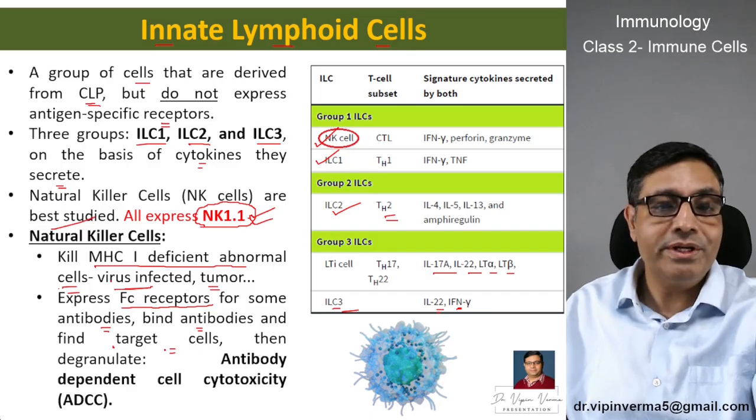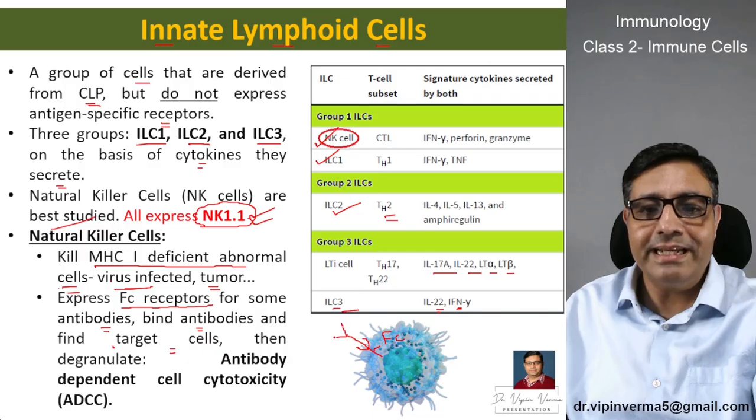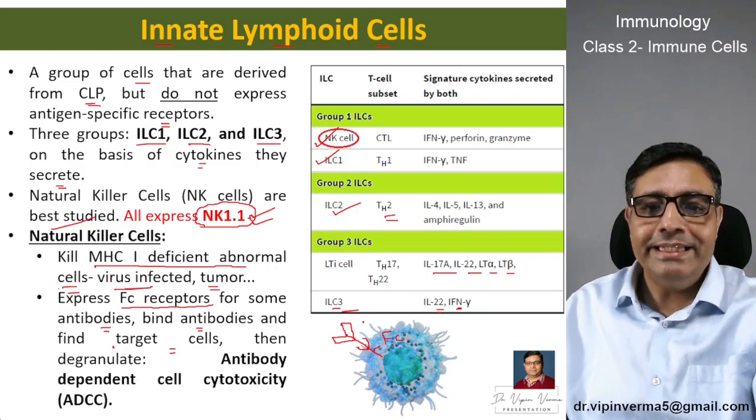Now, this is also the beauty. They have the Fc receptors. Suppose here we have the Fc receptor, and they bind antibodies. Since this is the Fc receptor, they will bind an antibody. We have bound here the antibody. Now, these cells will go and look for the antigen for this antibody.